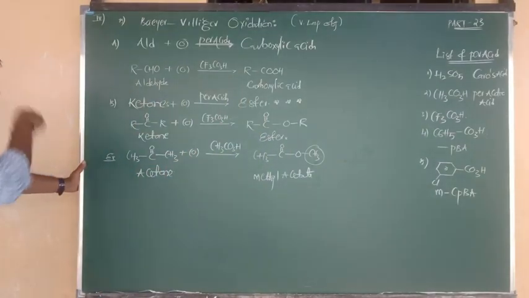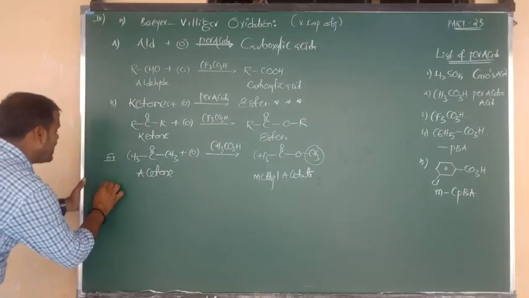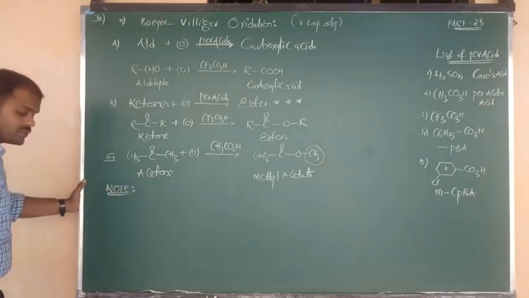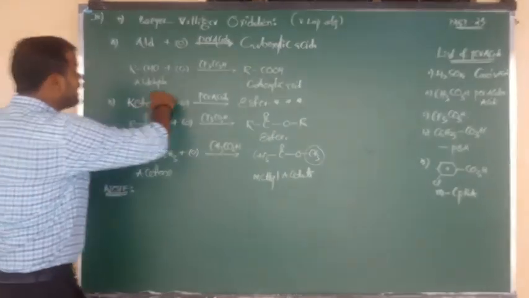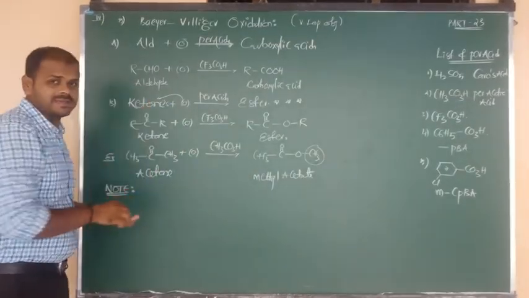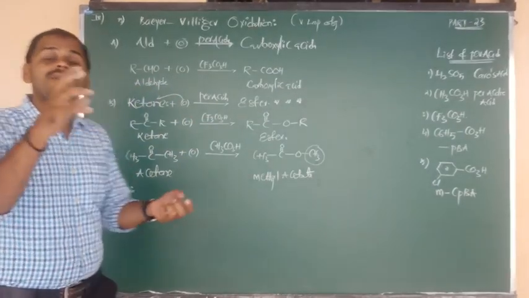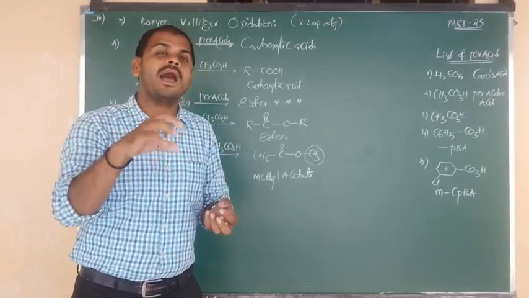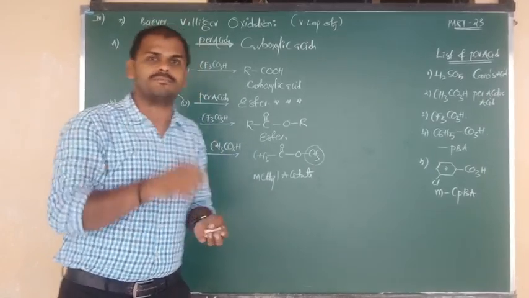Good. Now listen, all of you. This is very important for you. Note point: in this ketone reaction, oxygen insertion takes place. But the condition is where we have to insert the oxygen. This is important.